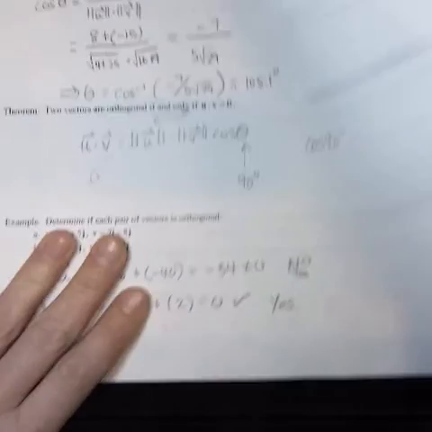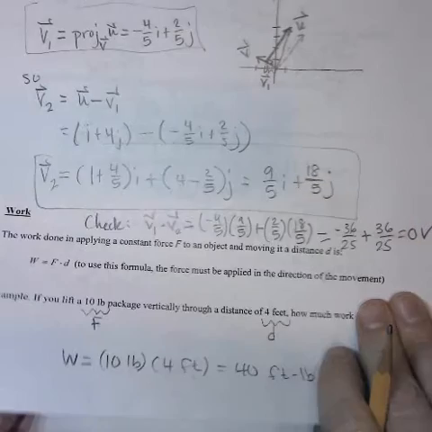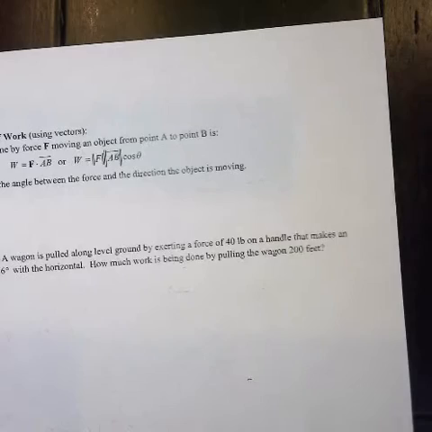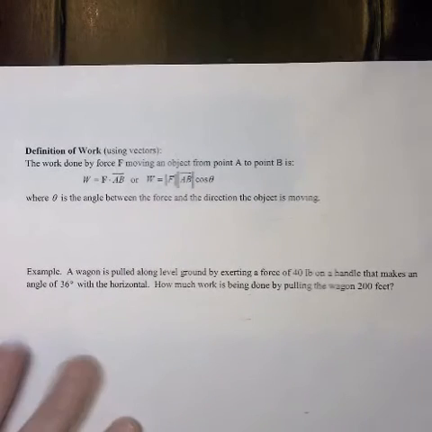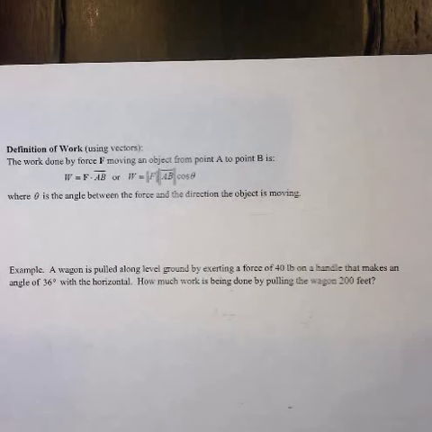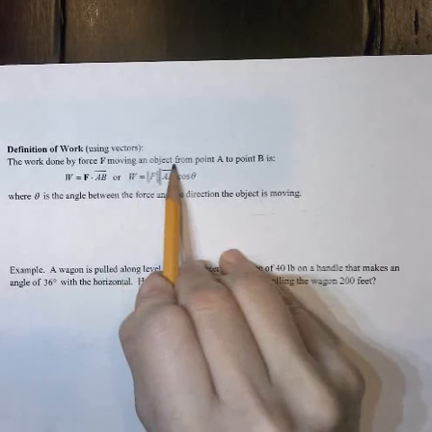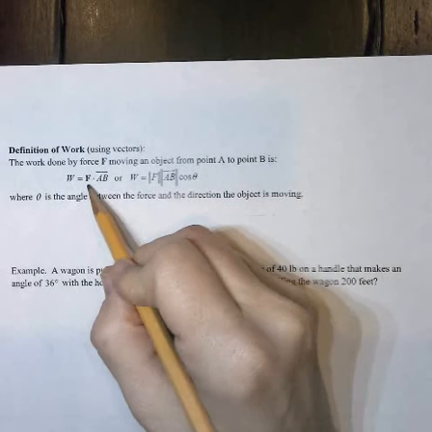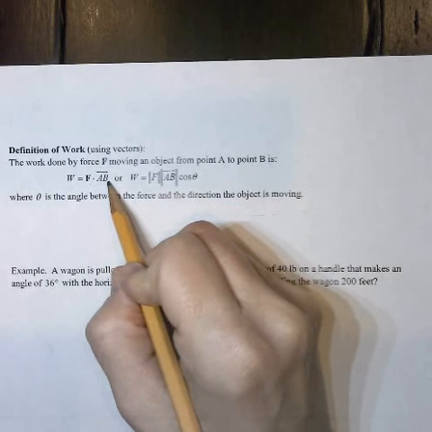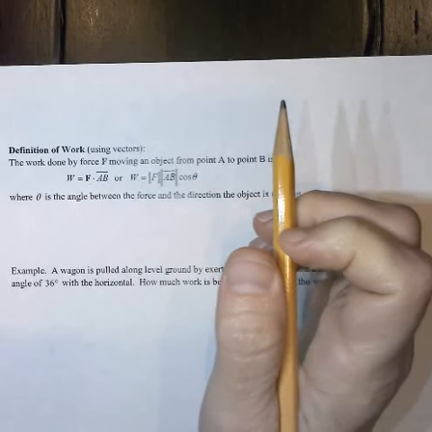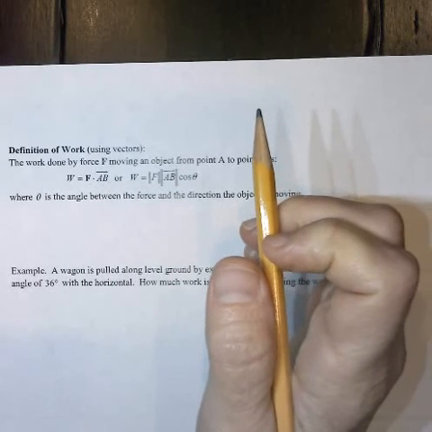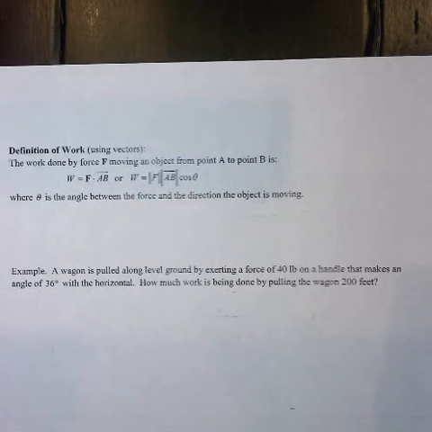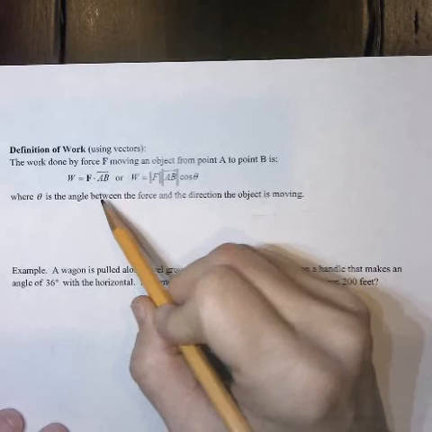I'm out of order because of the extra example I did. All right, so using vectors now, it says the work done by a force moving an object from point A to point B, doesn't have to be in the same direction, would be equal to the force vector times... This isn't what I expected.